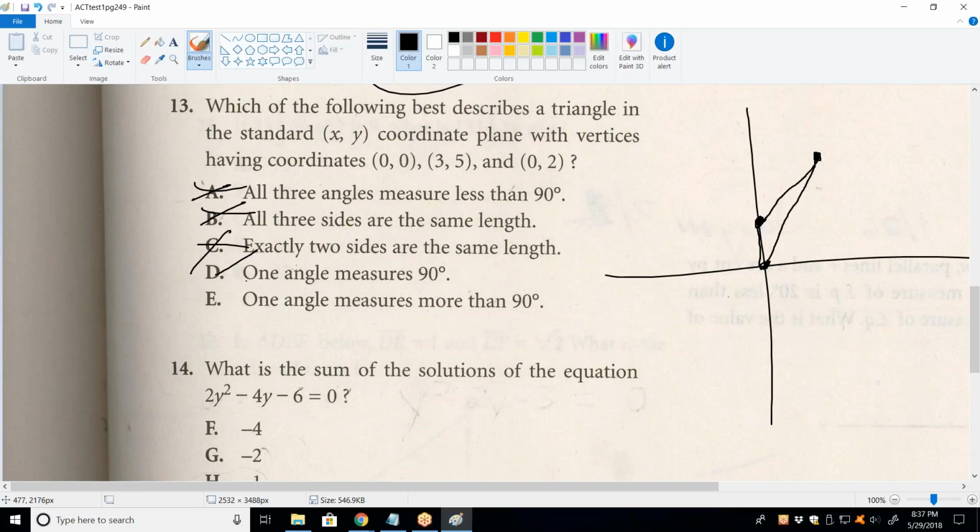Yes. Which angle measures 90 degrees? Oh wait, did you say E? No, I said D. Sorry, D's wrong. E is right. And you can readily see it: there's the angle that's greater than 90 degrees. That's the obtuse angle.